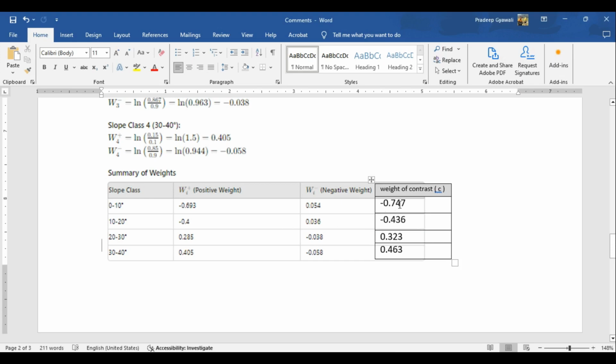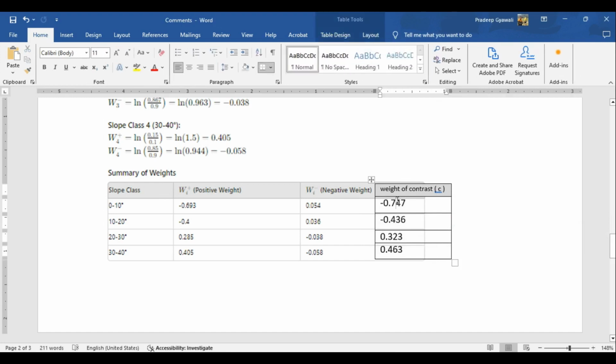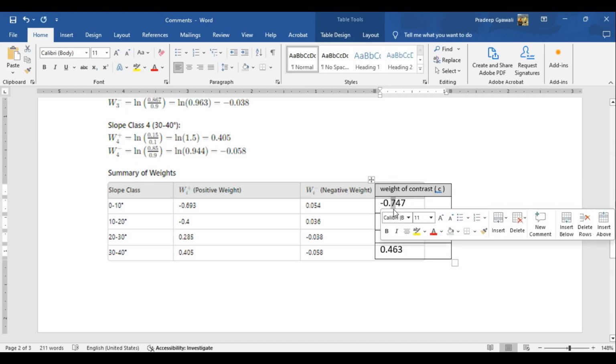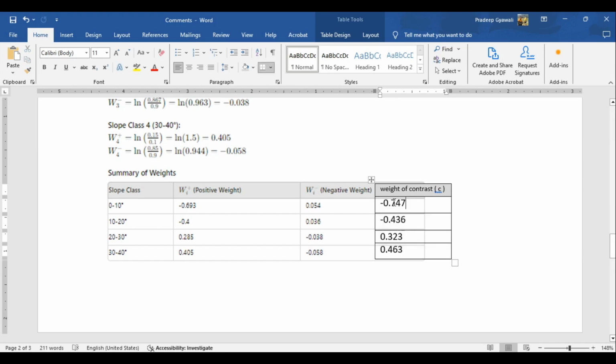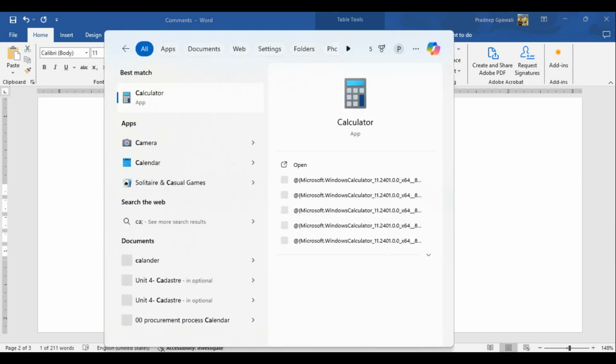In this case, the weight of contrast is 0.4747, so I am using the 100th position value. You need the 100th position value by multiplying by 1000 and using the third value, that means 7 minus 7, then minus 4.